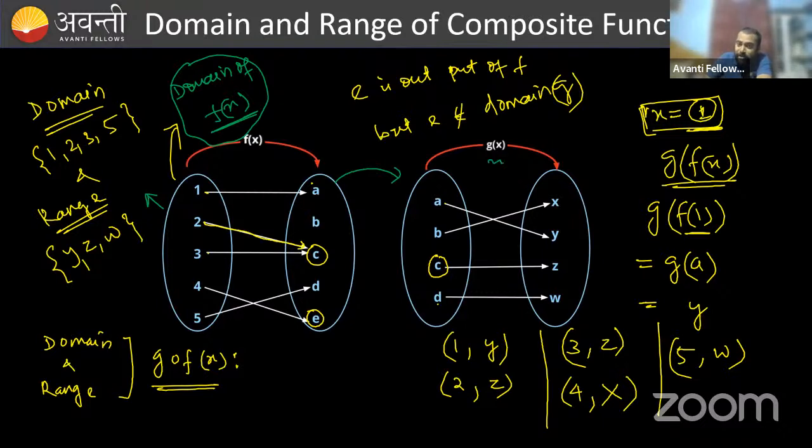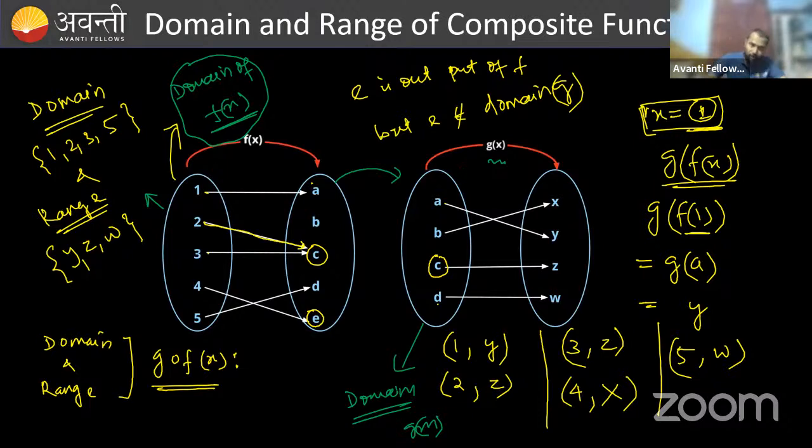So find the domain of g of x. Sometimes, or many times, some outputs of f of x will not work in the domain of g of x also, because g of x is another function. Okay, clear or not?